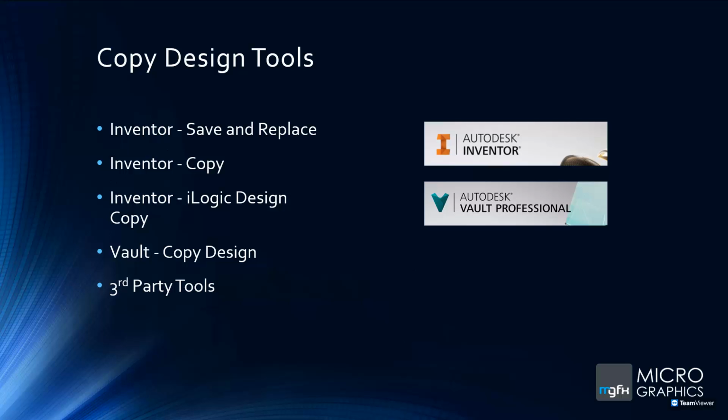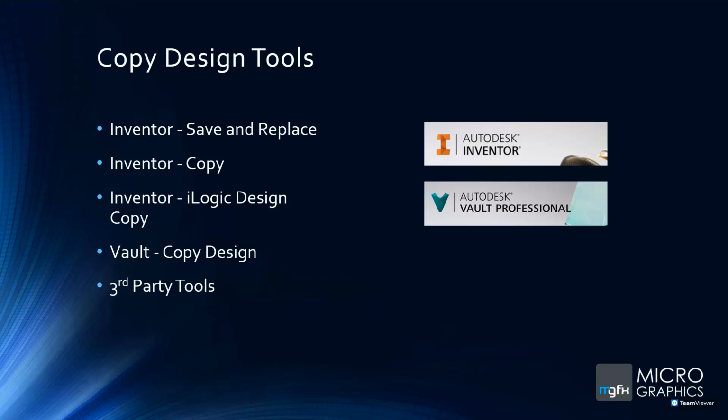Then the fourth option here is the Vault copy design, which is built into Vault, whether you have Vault Basic or one of the paid versions, Vault Professional or Workgroup. There is a difference between them though.